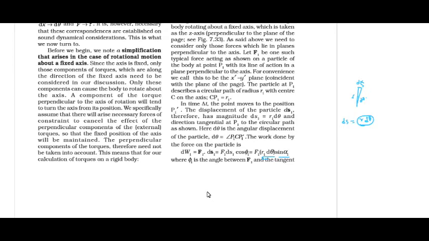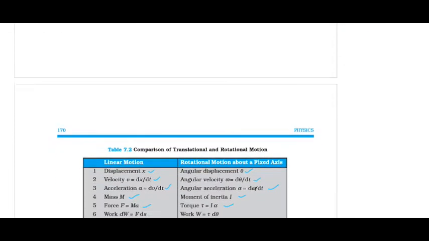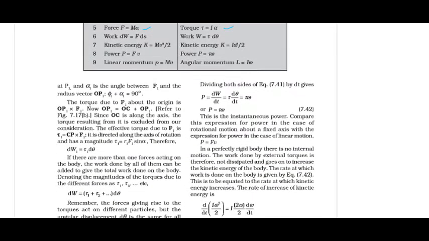Where phi is the angle between the force and the tangent at P1, and alpha is the angle between the force F1 and the radius OP. Therefore, phi 1 plus alpha 1 is equal to 90 degrees.